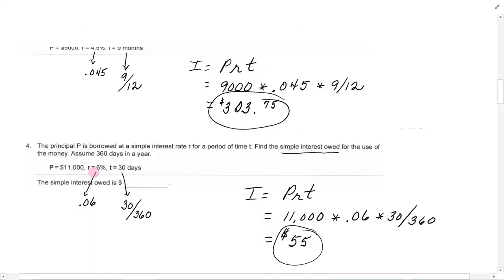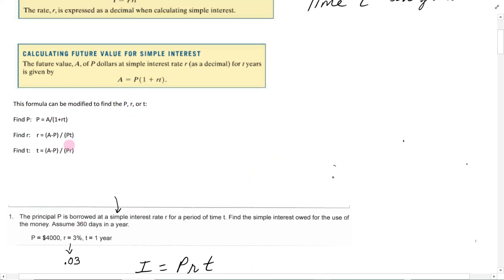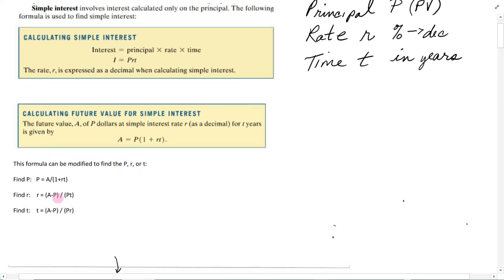Let me go back to where the formulas are. And right here, it talks about future value. Let me talk just a minute about where this formula comes from. They use letter A for future value.